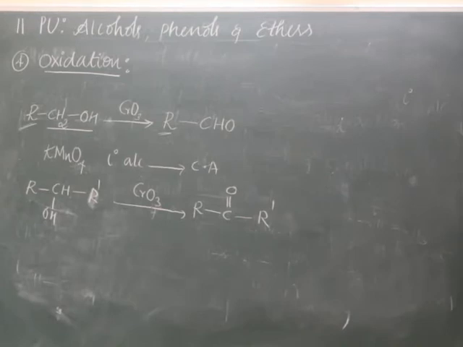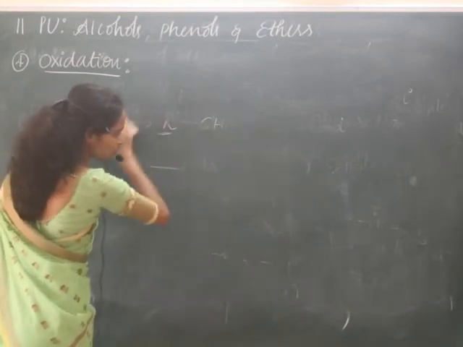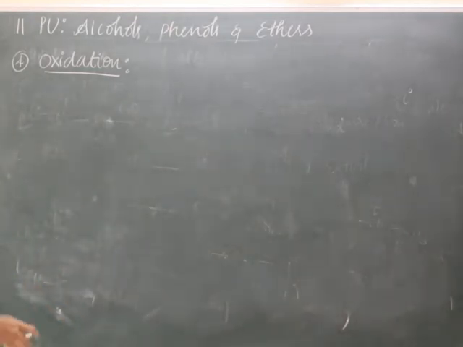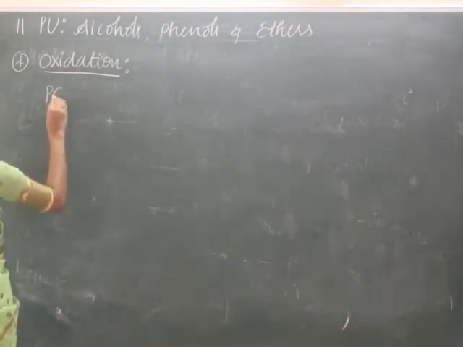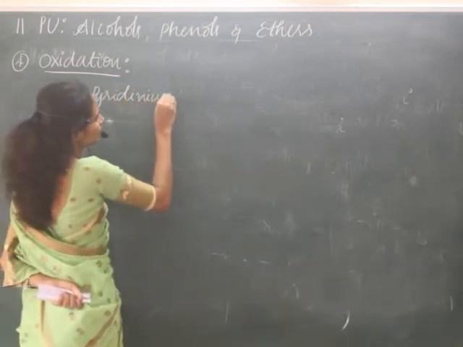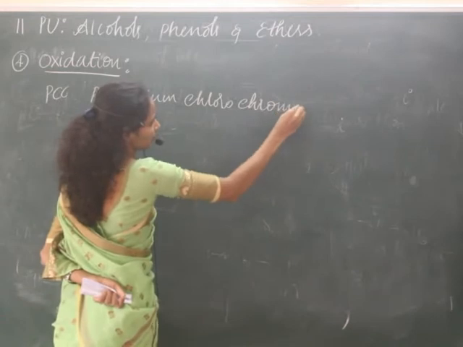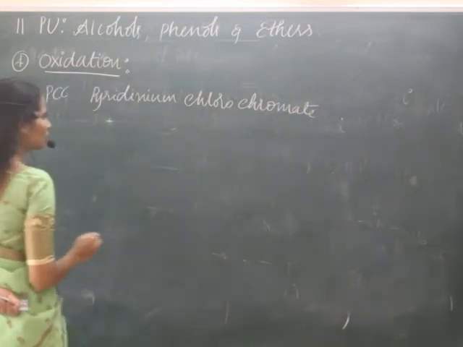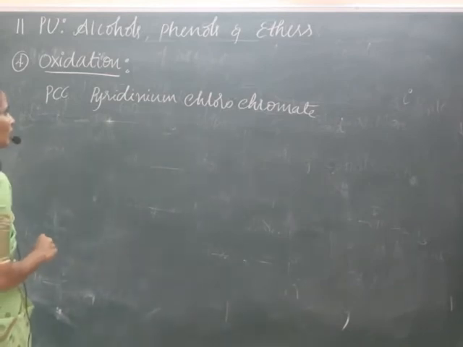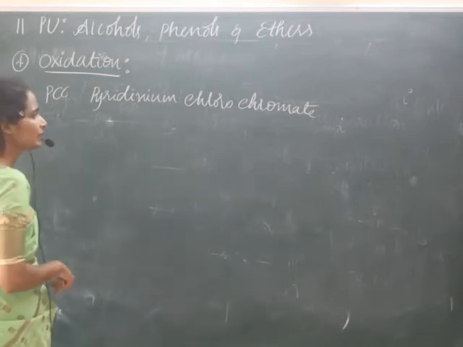A better reagent for the oxidation of primary alcohol to get a good yield is pyridinium chlorochromate, that is PCC. Pyridinium chlorochromate is a complex of chromium trioxide, pyridine and HCl.